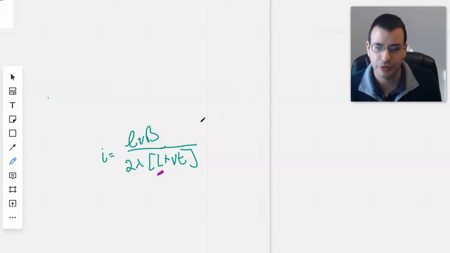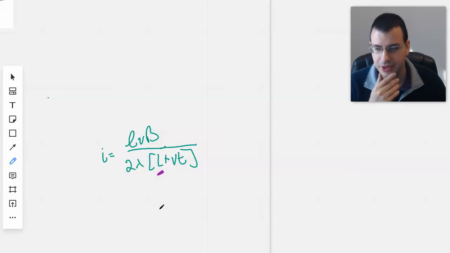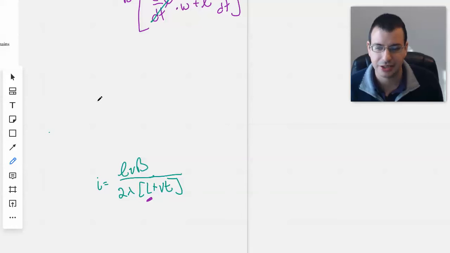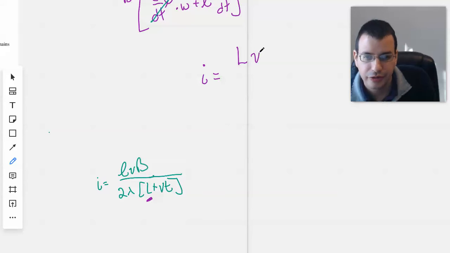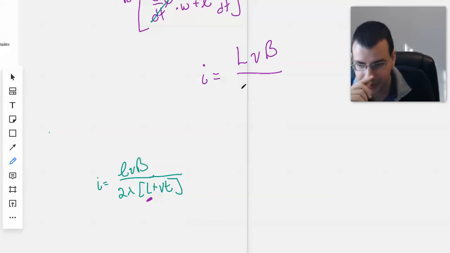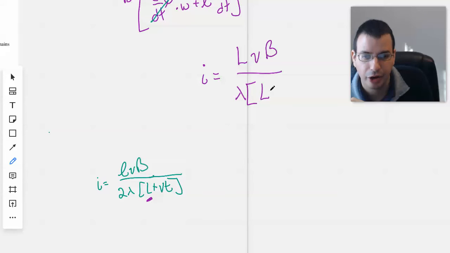So I'm going to rewrite that as, can I do that? Yes, I can. Equals L VB over lambda times L plus 2V.